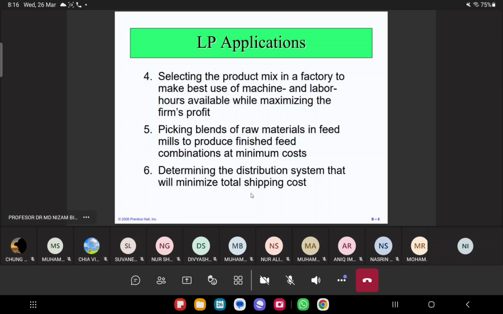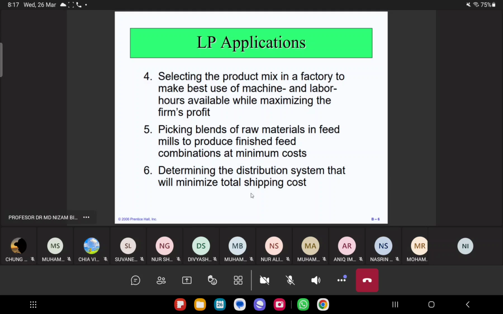So if you want to decide how many percent of corn need to be mixed with how many percent of wheat and how many percent of rice, for example, to produce animal feed, then to minimize cost, you can use a linear programming application.